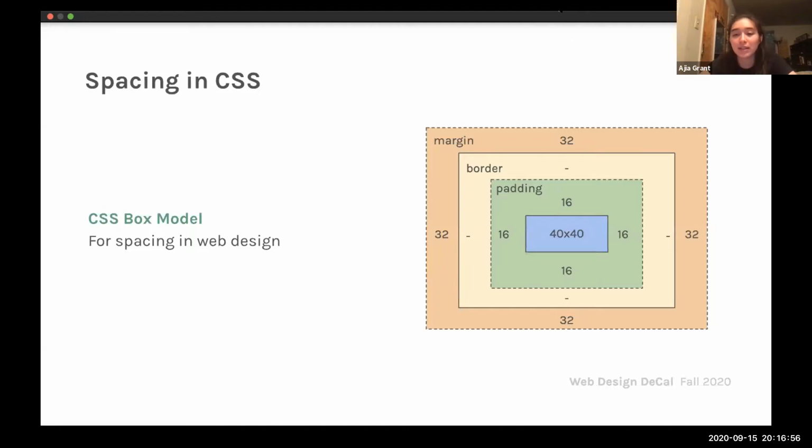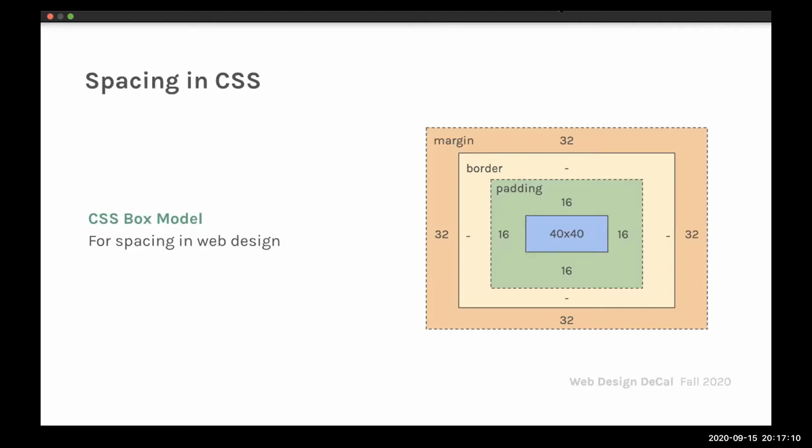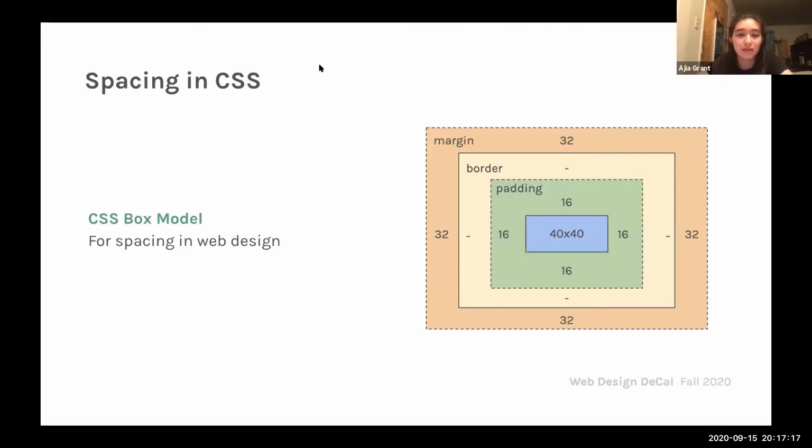It's supposed to be a visualization of how the different types of spacing in CSS work with the content that you're trying to put in, and where that spacing or setting will go. Okay, thank you. Yeah, as Howie said, it will be taught in depth for the programming section next week.